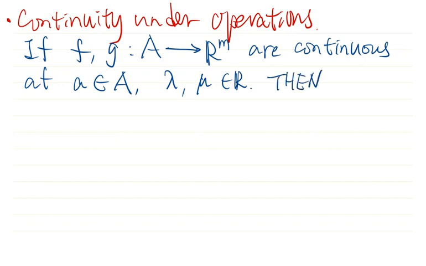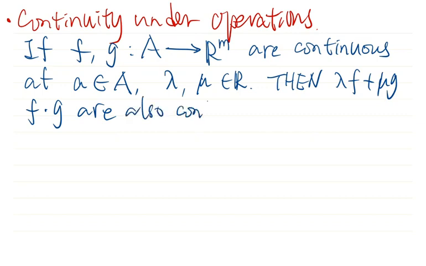Then lambda f plus mu g and f dot g, where we use the dot notation to denote the scalar product or inner product, are also continuous at the point a.